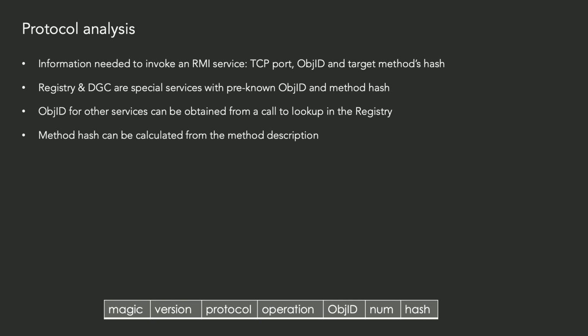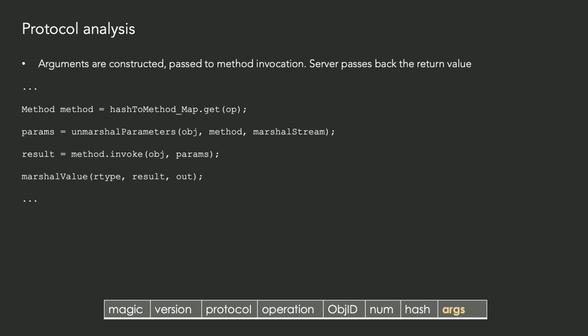The registry and DGC services, as I mentioned earlier, are special services with a pre-known object ID and method hash. The object ID can be obtained from a lookup to the registry, because the registry is like a handbook, a record keeping service. The method hash can be calculated from the method description, for example, public void A and the arguments. So it's pretty simple.